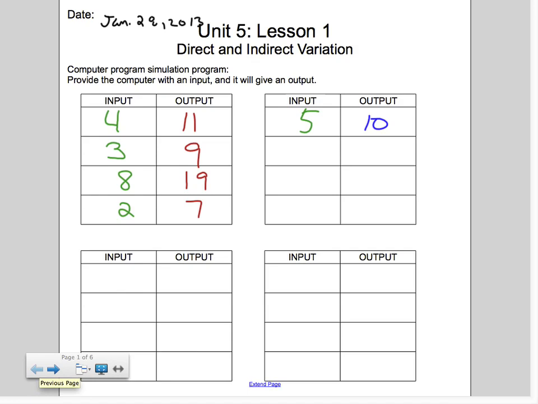Okay, who wants to give me a second input? 1? Yes. So this is our table you're creating. A third input. Veronica. 10.